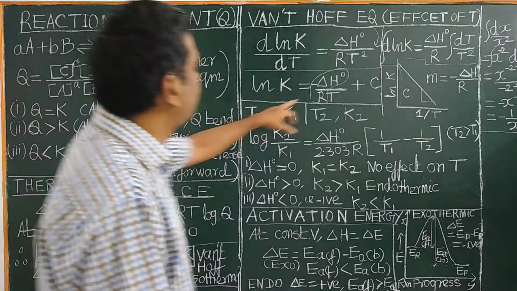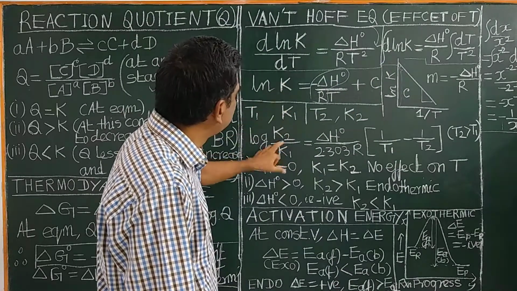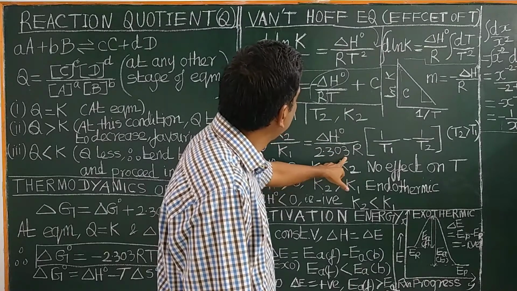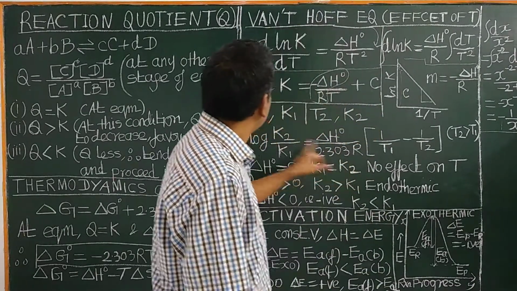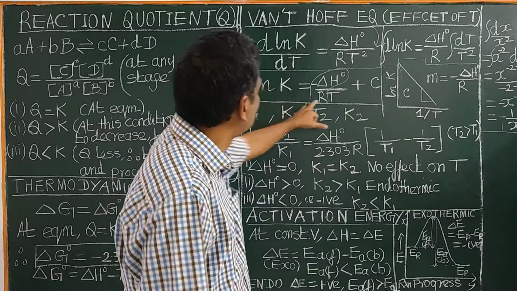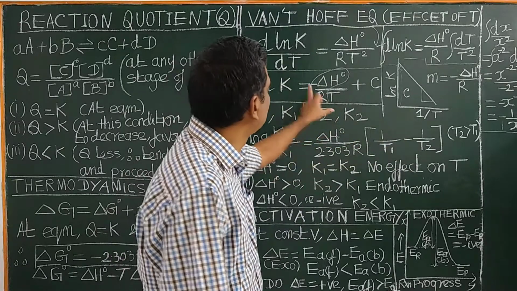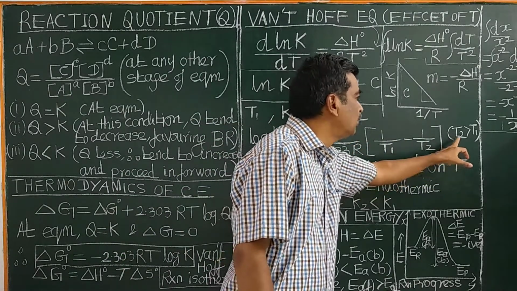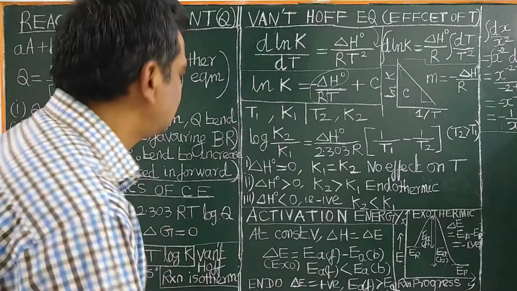Then on integrating this, you will get log K2 by K1 equal to delta H naught by 2.303 R into 1 by T1 minus 1 by T2, where the temperature T2 is greater than T1.